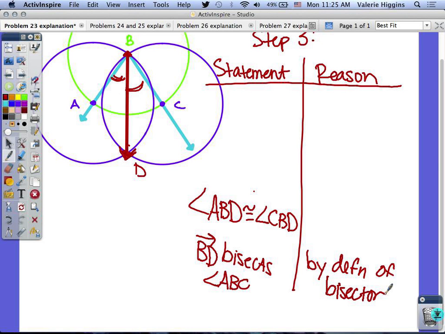What are some things that we do know? Is BD congruent to BD? BD is congruent to BD, by the reflexive property. Okay, so I can say that. I can say BD is congruent to BD, and my reason is the reflexive property.